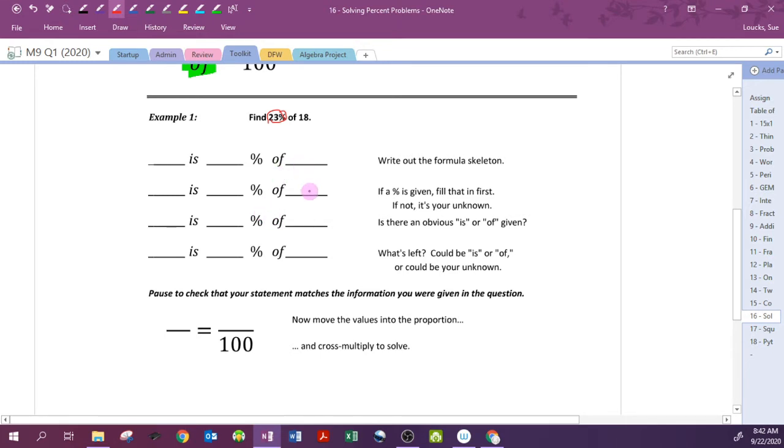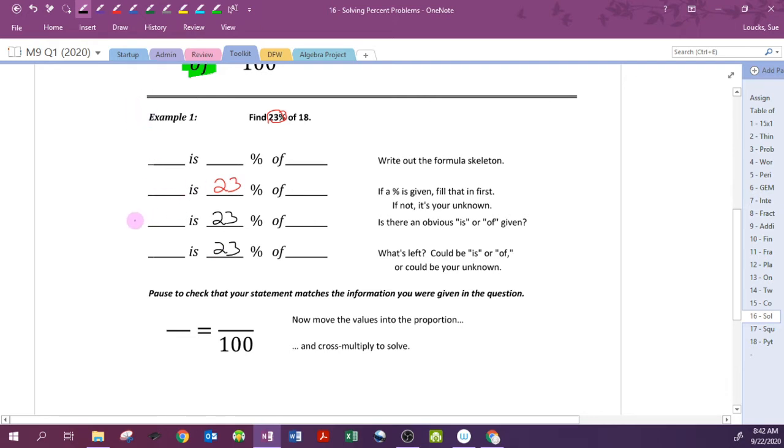Okay, so if the percent is given, you put that number in beside the percent sign. So we've got 23%. If you can't find the percent, you're probably going to put your x or whatever variable you're going to use right there. All right, now I'm just going to write the 23 in the next two lines because it's already there.